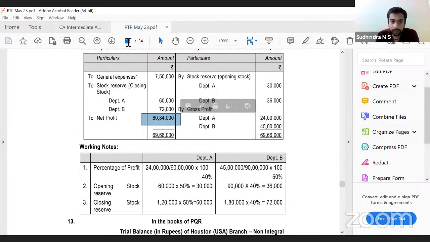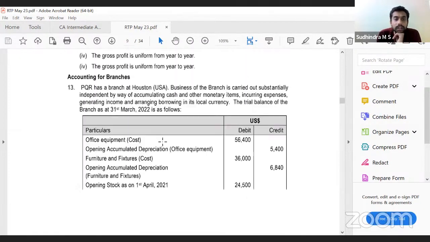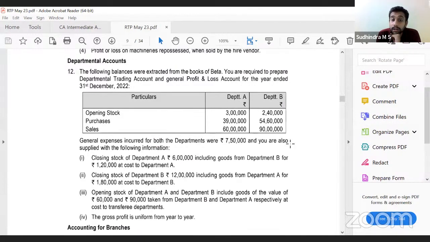Write down. Example. Gross profit percentage of department A is 40%. Gross profit of department B, 50%.